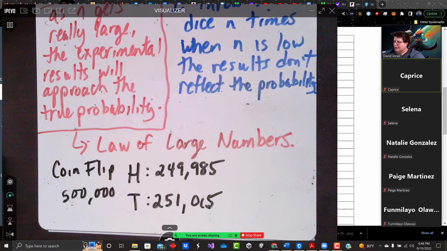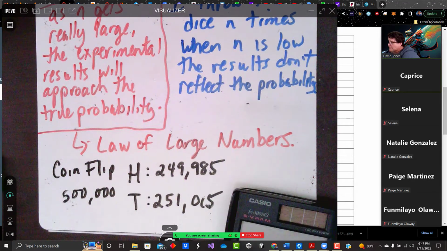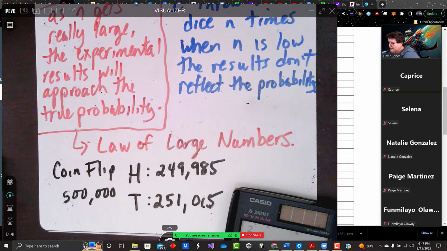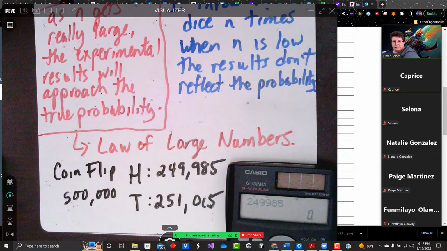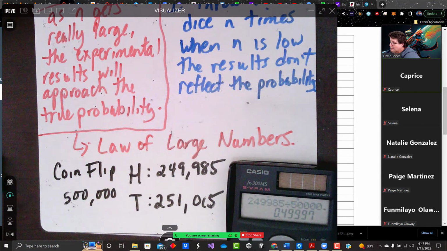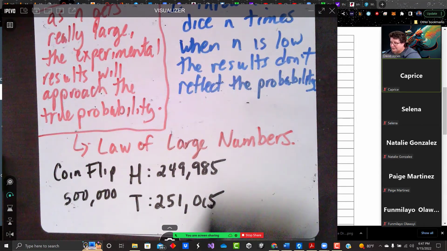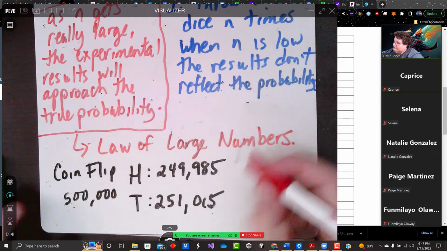The experimental results I can do in a calculator. I can see what the percentage chance is for either one. 249,985 divided by the 500,000. And I get 0.49997. So I get 3 9s and a 7.